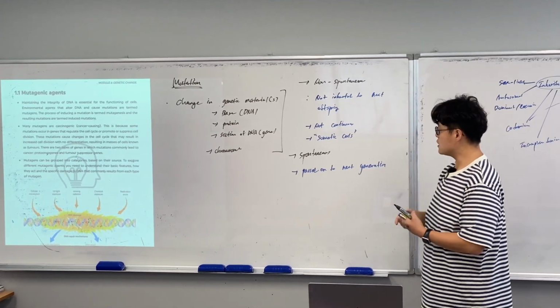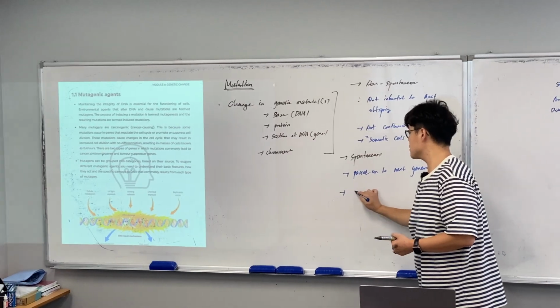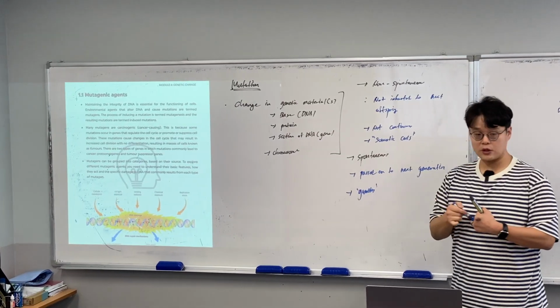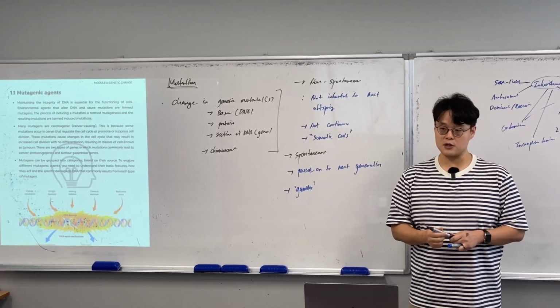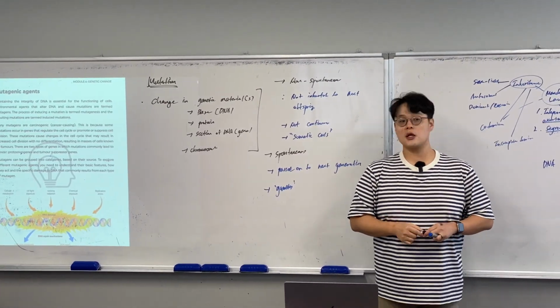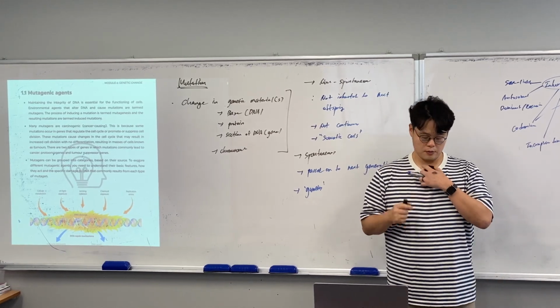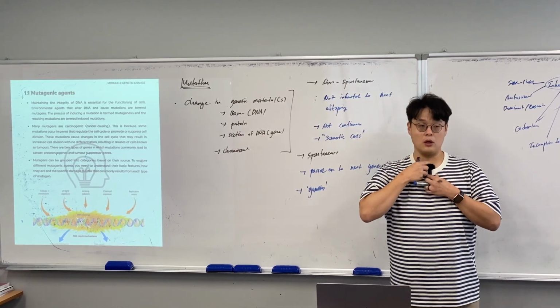This is due to something happening in your gamete. Because it's a permanent change of the gamete, it's going to be passed on to the next generation, to the whole lot.